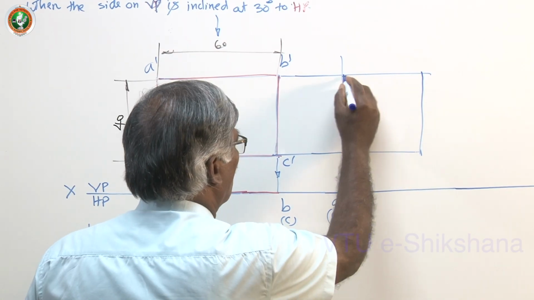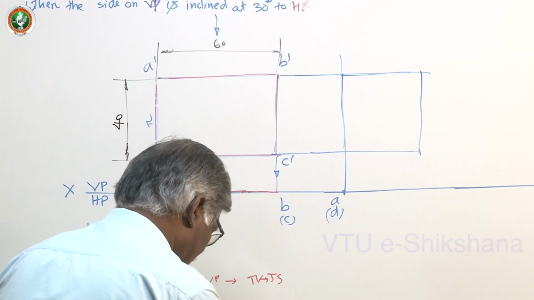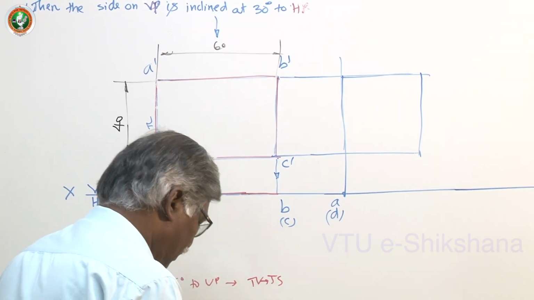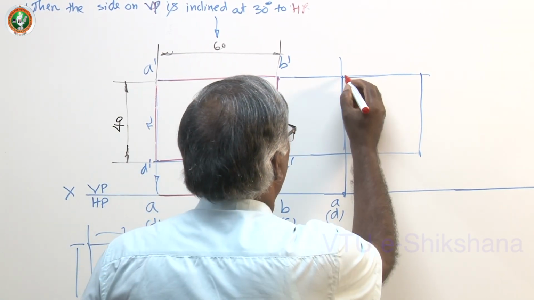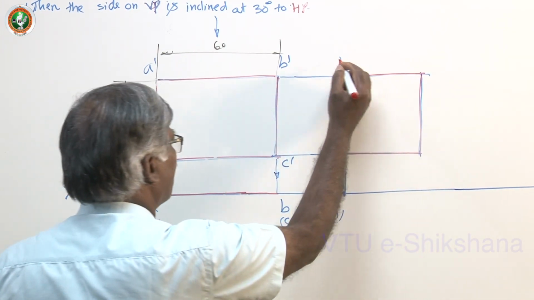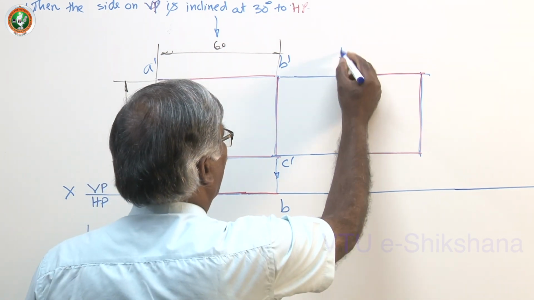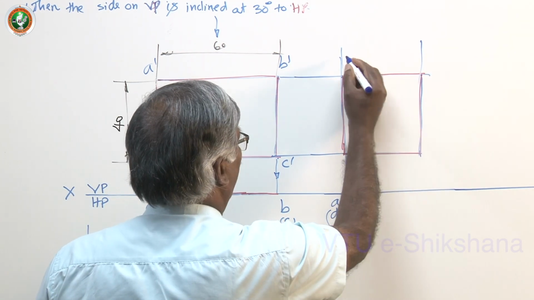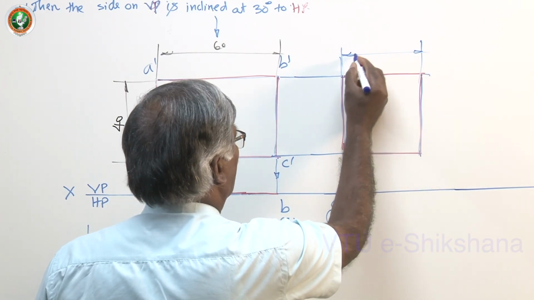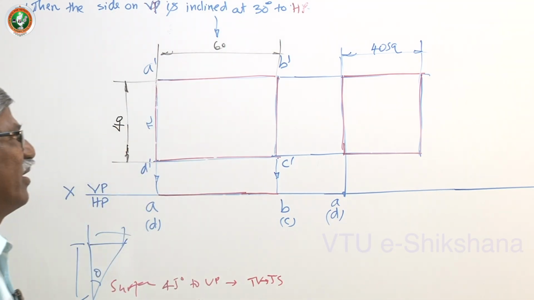So this gives you the apparent shape. Now let me darken that figure and dimension this, because this is 40 square. You can write 40 square.